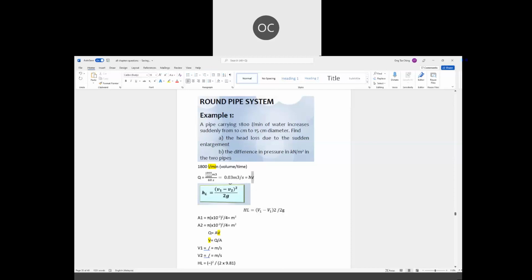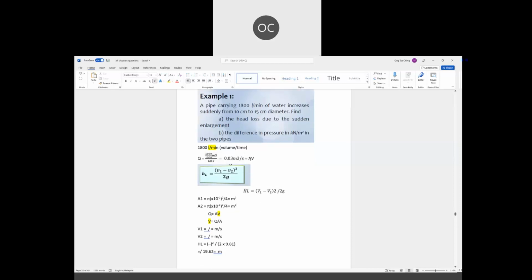There is only one equation that you learned regarding Q, which is Q equals AV, right? From the previous chapter. Hence, for you to insert V1 and V2, you need to obtain the velocities first, V1 and V2.